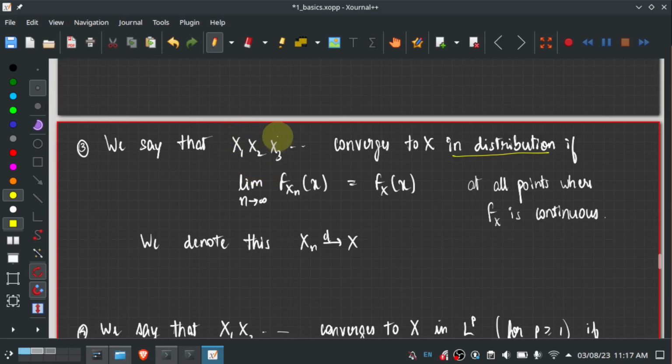The distribution of Xn converges to the distribution of X. We'll only demand that this convergence happens at all points where F_X is continuous. If there are points of discontinuity of F_X, it's okay for it to be different. But at all other points, these CDFs should converge to this. As it turns out, this is one of the weakest notions of convergence.